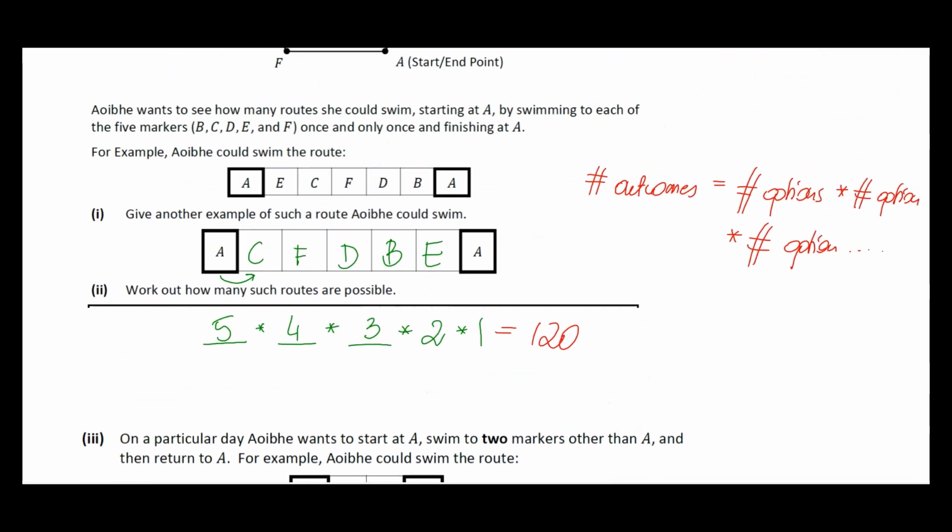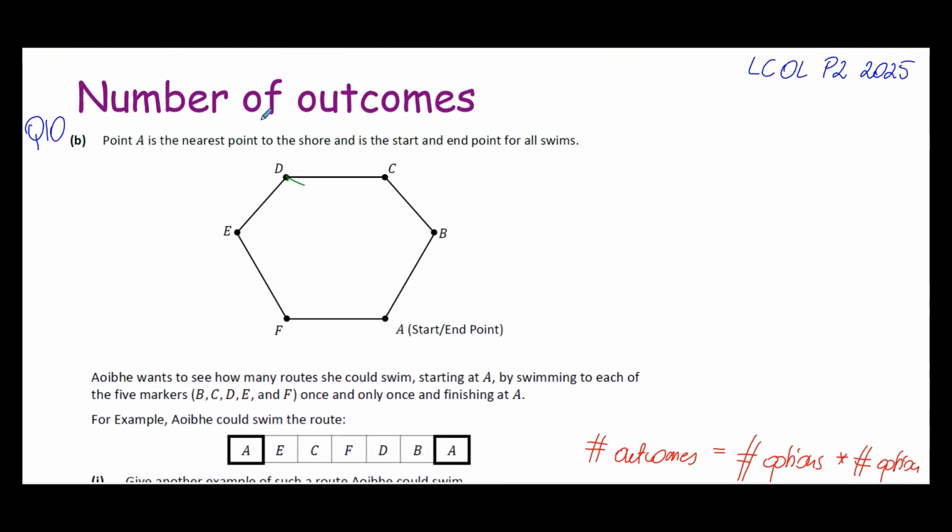That idea of number of outcomes is presented to us very often, just in different scenarios. It could be that we are given numbers, let's say from 1 to 9, and somebody creating a code, and we have to find how many possible options we're going to have with the code.